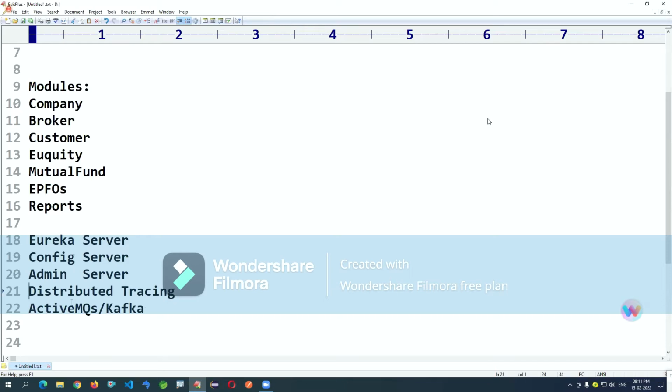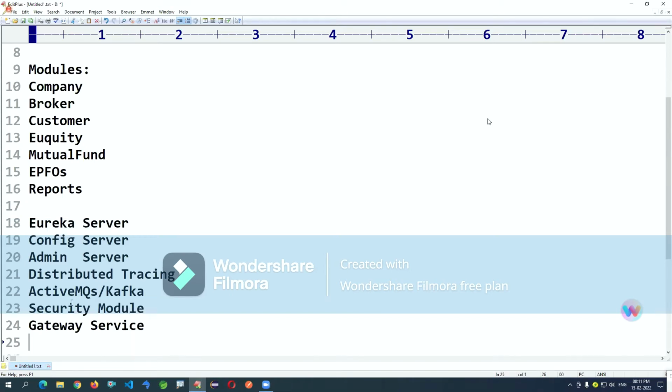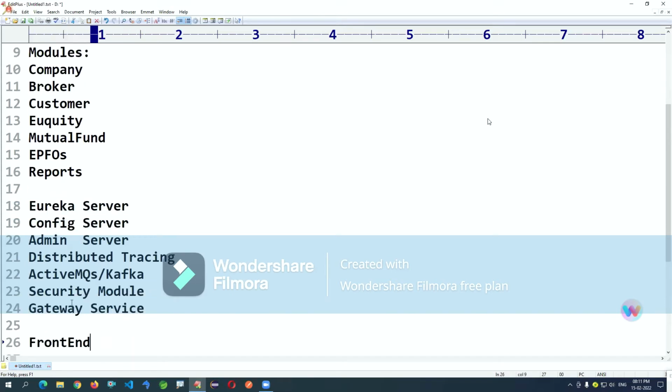Okay, and we are going to have one security management module here, the security module, gateway service, and front-end application. I'll give similar module work for the front-end application as a task.